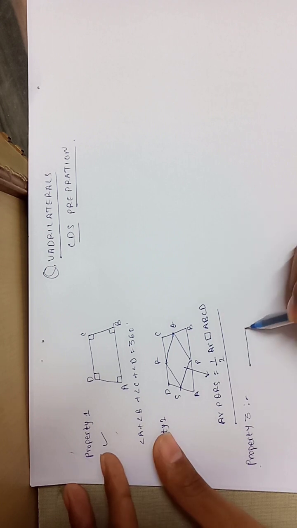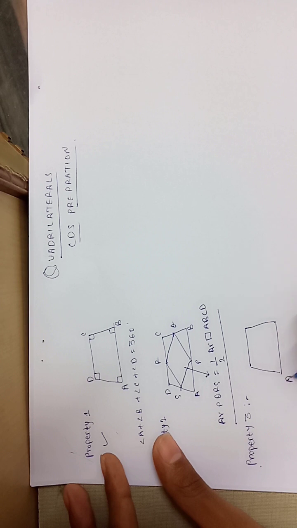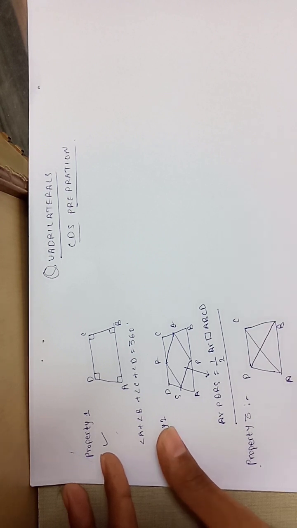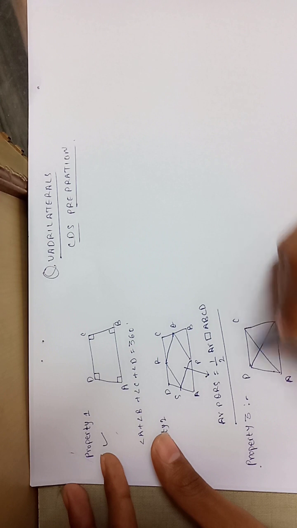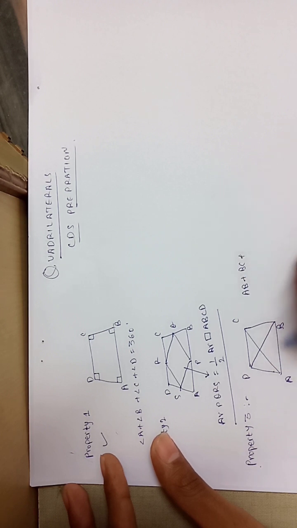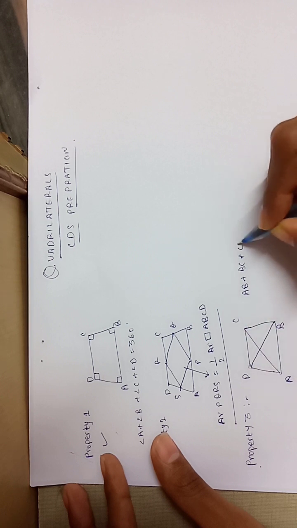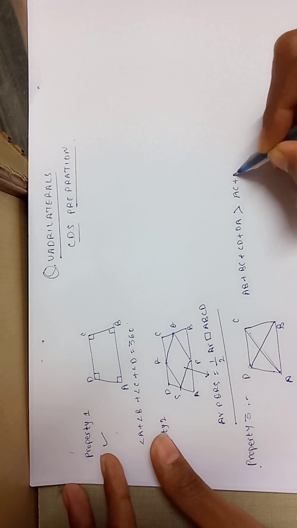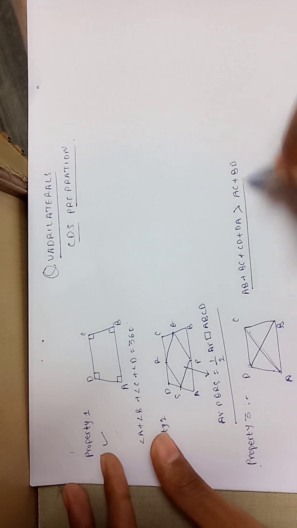If we draw the same quadrilateral and name it ABCD, and consider the diagonals AC and BD, then AB plus BC plus CD plus DA, the sum of the sides, will be greater than AC plus BD, the sum of the diagonals. It will be greater than both diagonals together.